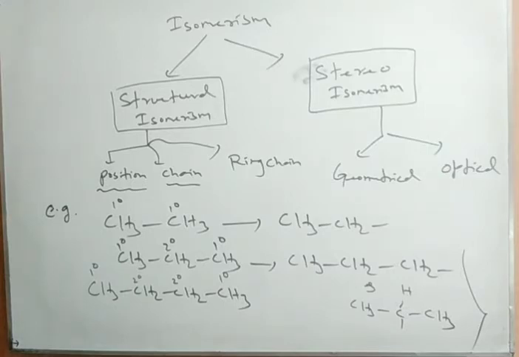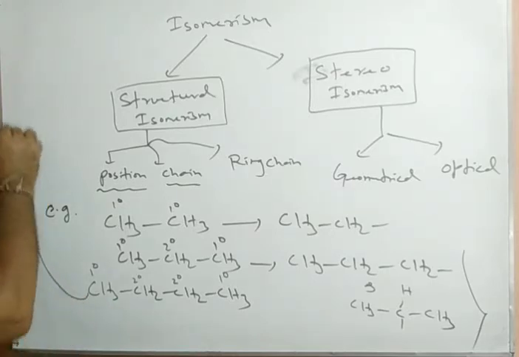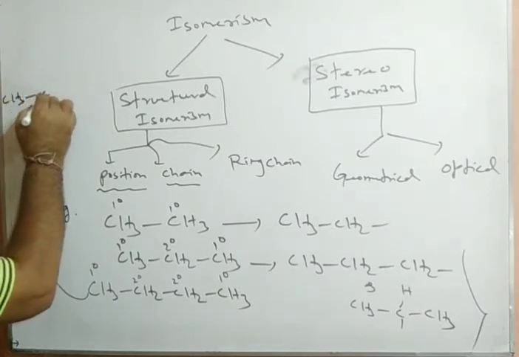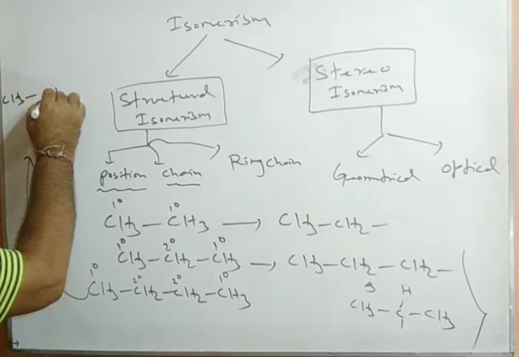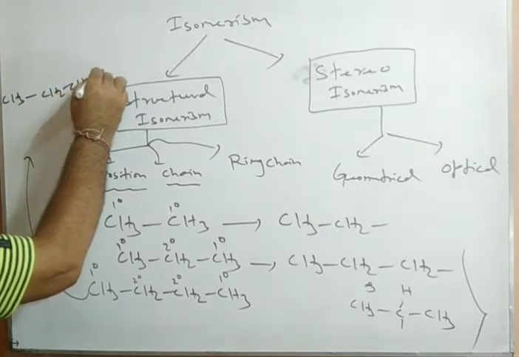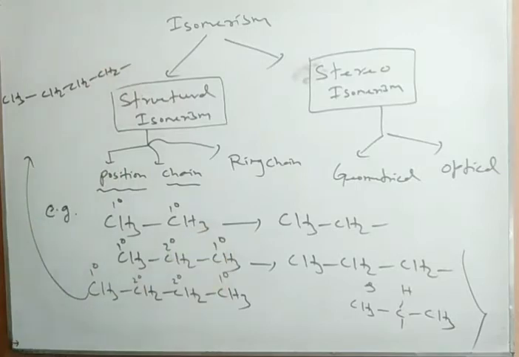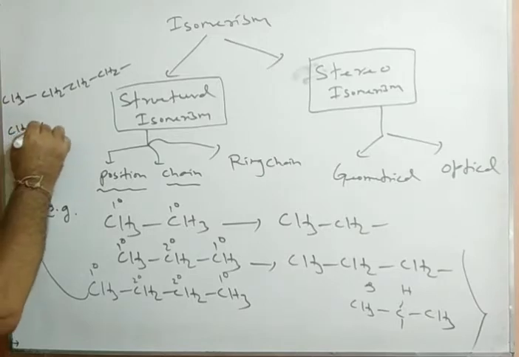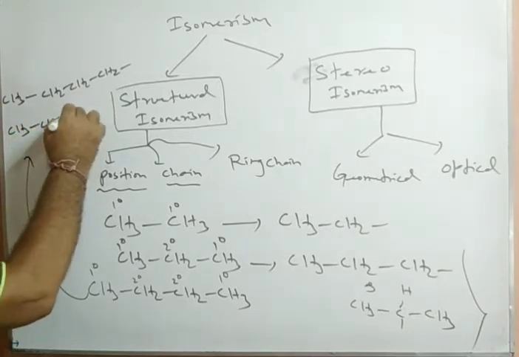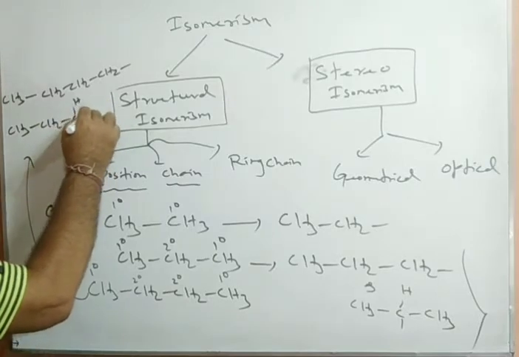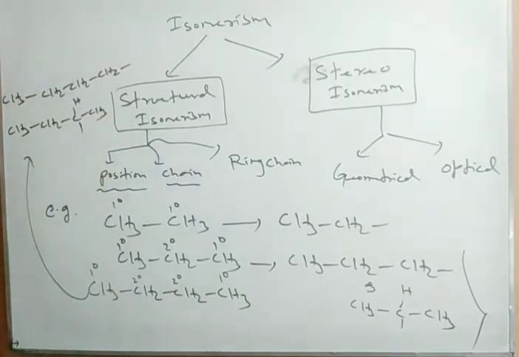So two types of alkyl group can form if butane is given. First is called what? Normal butane. Second one, you can write what? Suppose hydrogen is removed from this one. This is called what? Secondary butane.